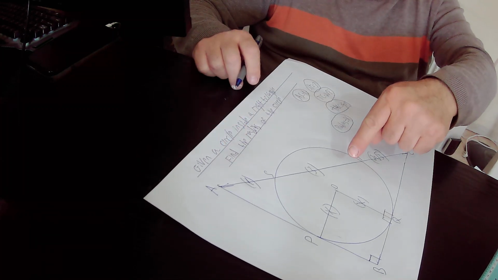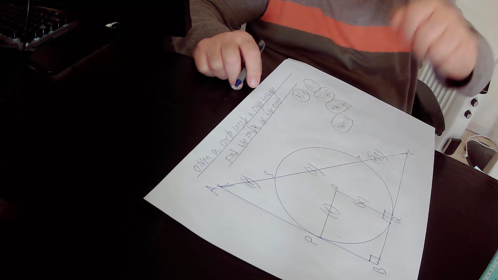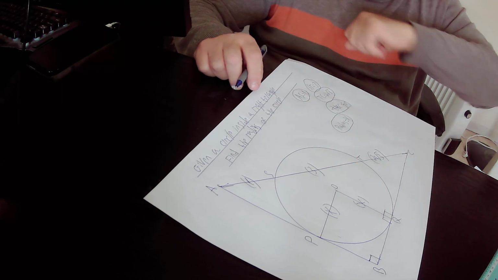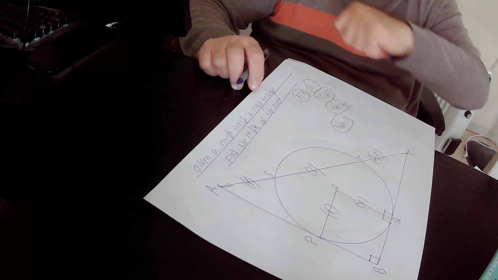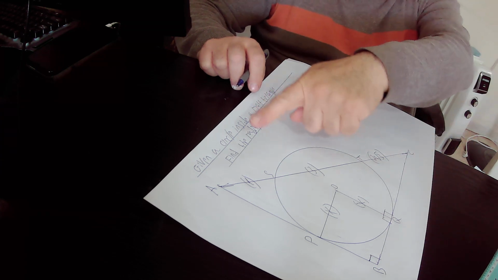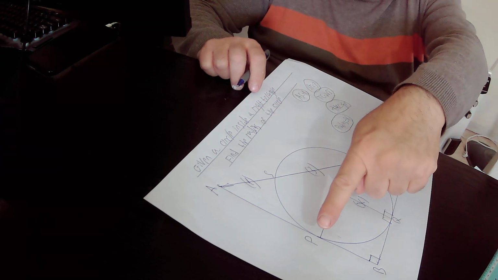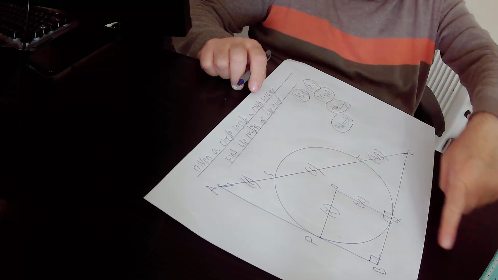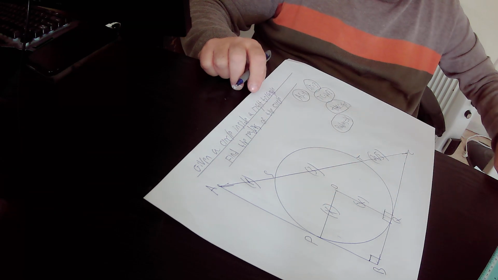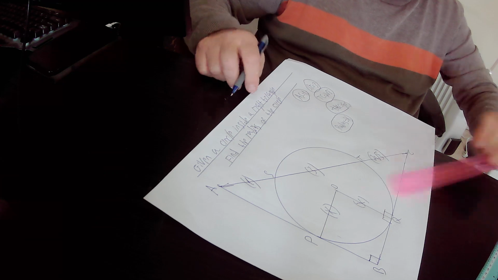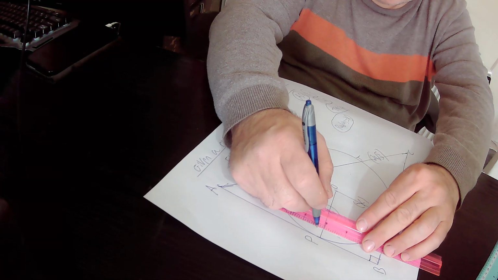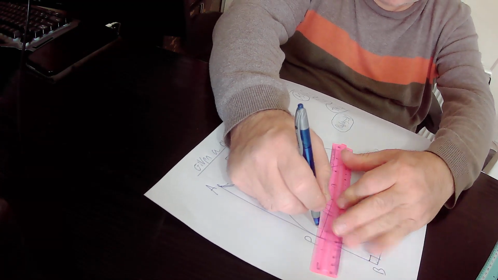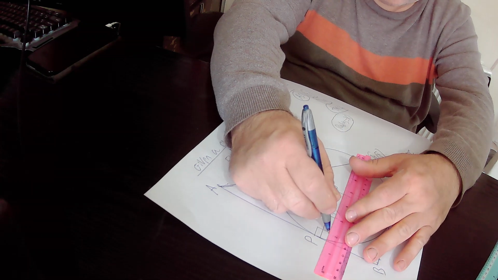We have the radius OP that is drawn to point P, that is the point of tangency of tangent AB with this circle. Whenever you have a radius that is drawn to the point of tangency, then tangent AB will be perpendicular to the radius PO. If AB is perpendicular to PO, it means that this angle equals 90 degrees. This angle also equals 90 degrees according to rule 1.